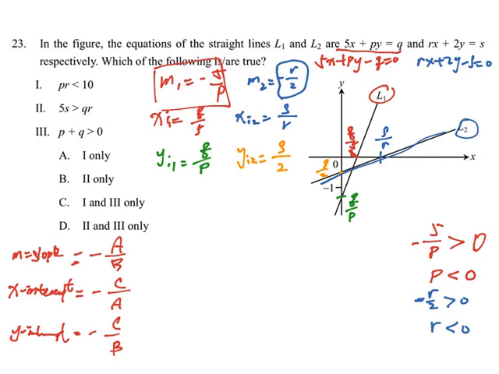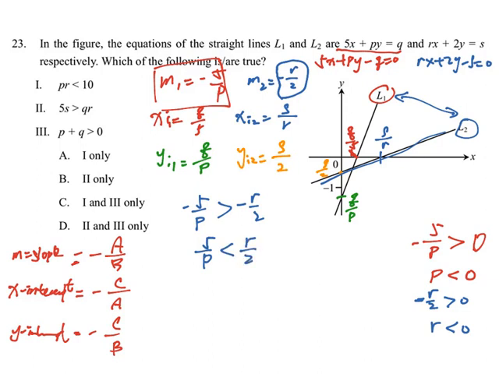Next we'll compare the slopes. The slope of L1 is more than L2. So for negative 5 over p, the slope of line 1 is bigger than this one. If they both have negative signs, so if we cancel, 5 over p should be less than r over 2.